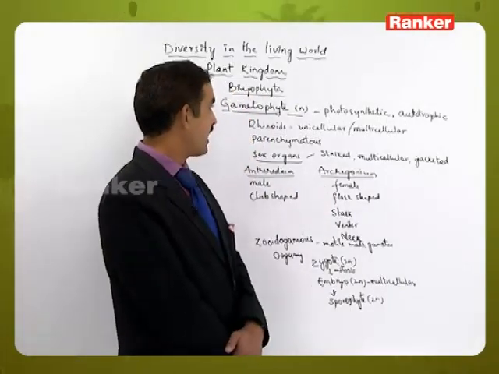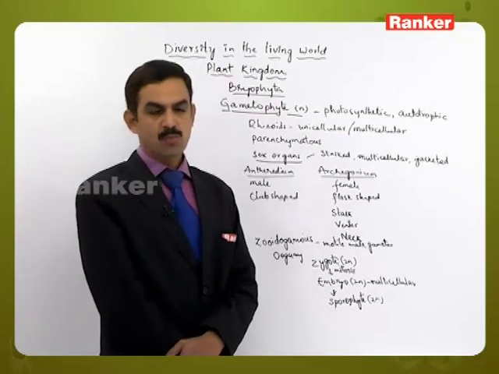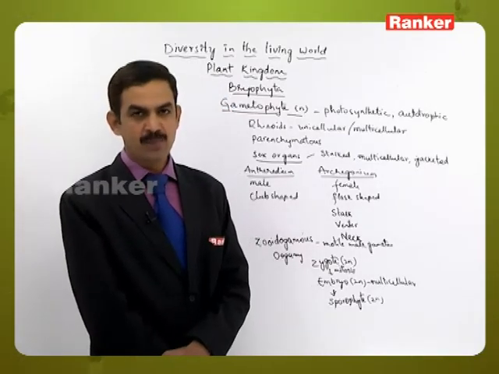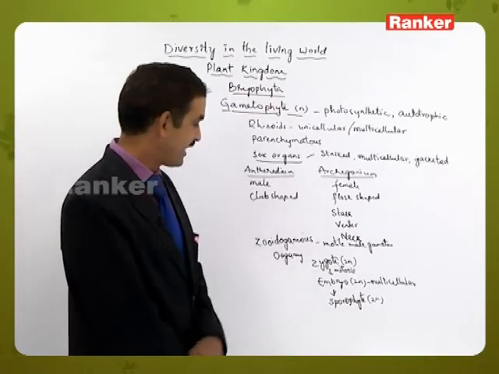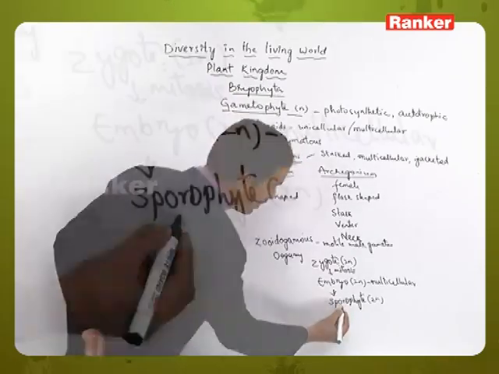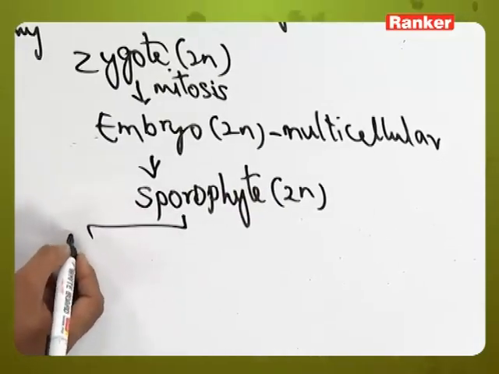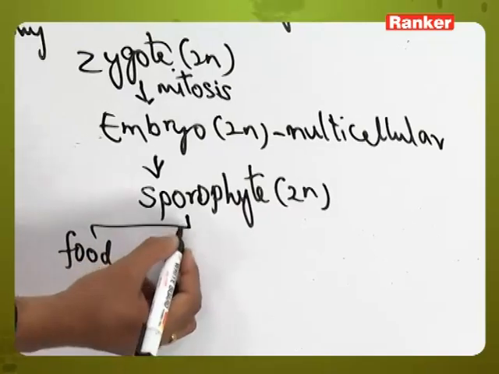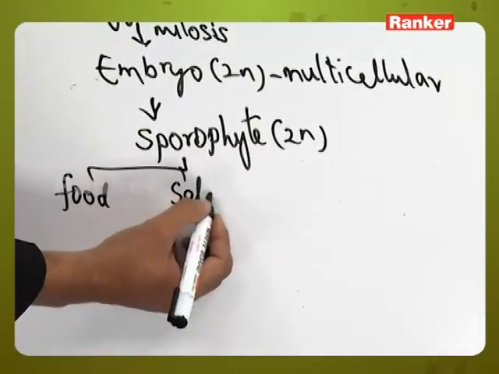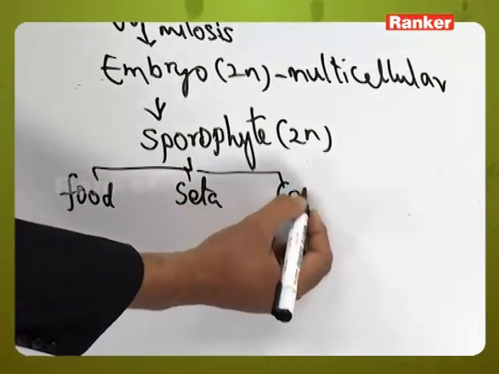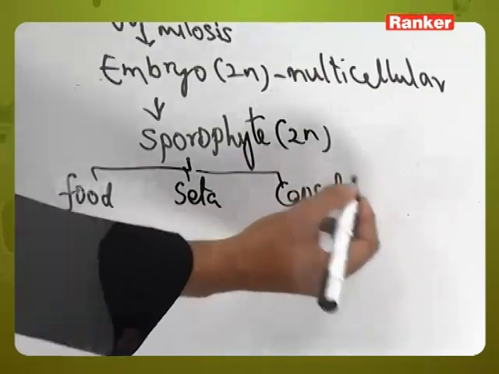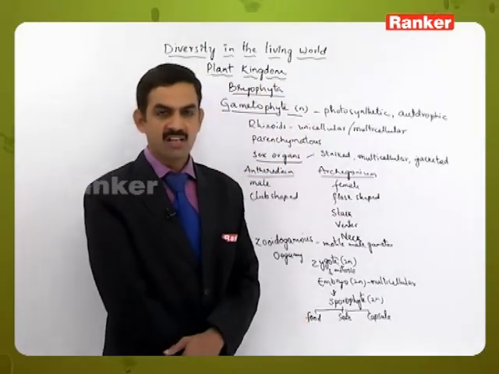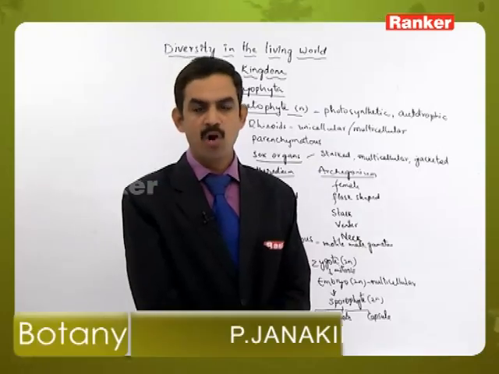In the lower bryophytes, the sporophyte contains only a capsule, as in Riccia, but in higher ones the sporophyte contains three parts: foot, seta and capsule.